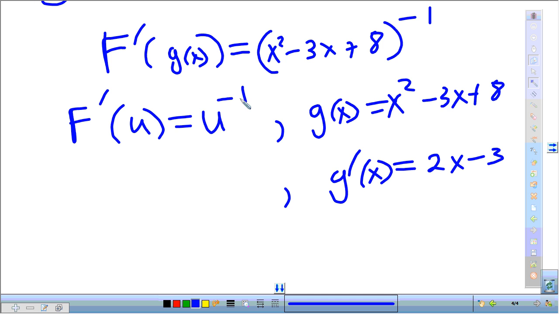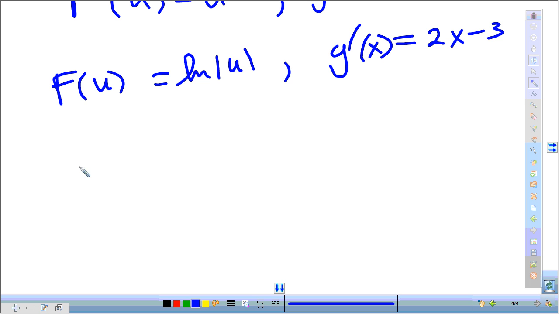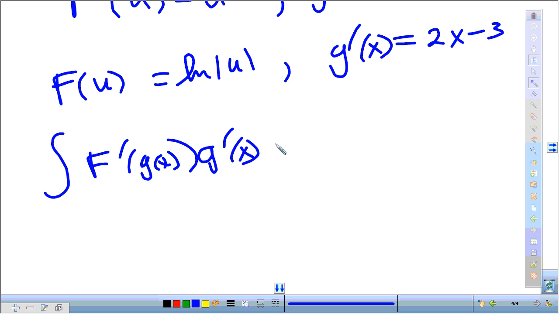Oh, u to the -1 is the derivative of the natural log. So now we're looking at the pieces. If I look at the integral f prime of g of x, g prime of x under this particular composition and substitution, u equal to x squared minus 3x plus 8.